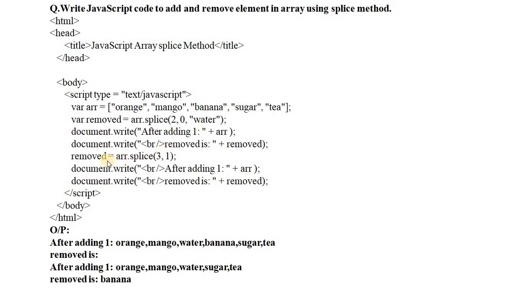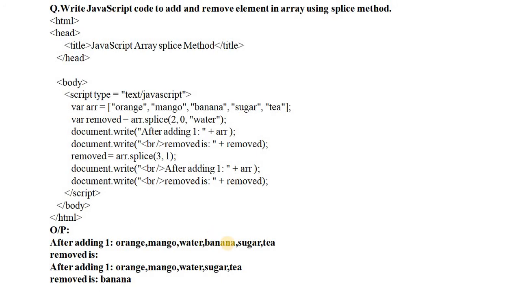After that we again apply the splice method on that array, array.splice(3, 1), which means we remove one element at the index of 3. Here at index 0, 1, 2, at the index of 3 we remove one element, that is banana is removed from the index, and here elements are only removed, not any elements added in the array.